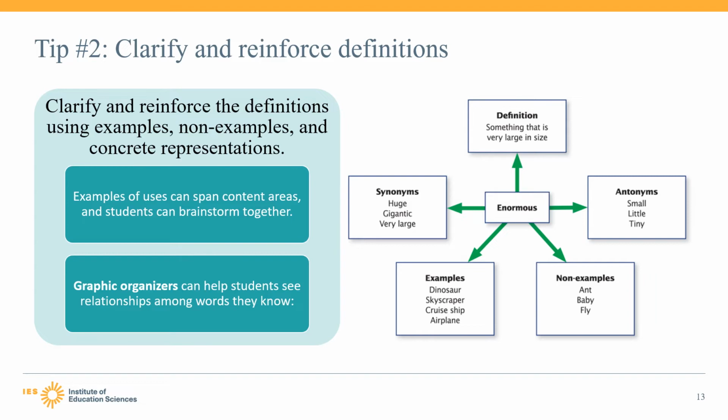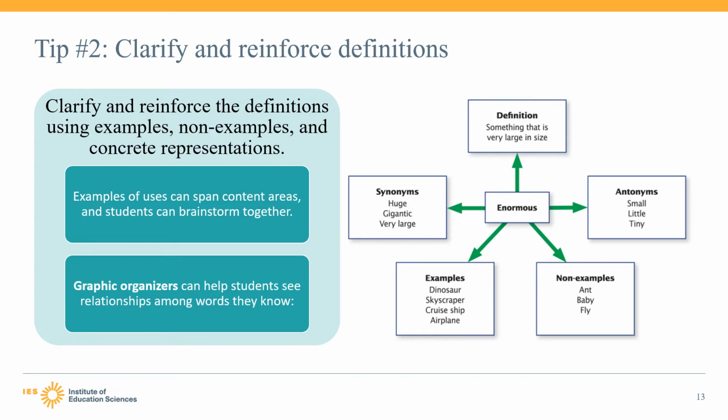So if you look at this word map on the right, we have the target word enormous, and then reading from top to bottom, a simple definition that's certainly digestible by students. Then beneath that, we have synonyms and antonyms. So words that have a similar meaning on the left-hand side, words that have a contrasting meaning on the right-hand side. And then at the bottom, maybe less commonly used than synonyms and antonyms, are examples and non-examples.